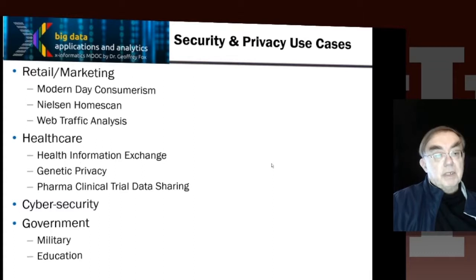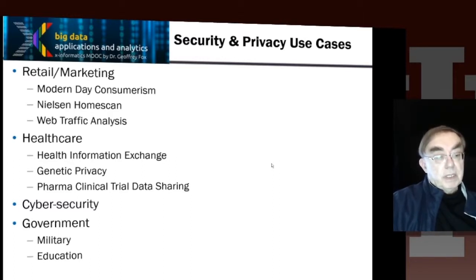How much of the data can be exposed, or how much should the analytics be prevented from looking at. Healthcare has a lot of important privacy issues, and also some issues about trial data, what can be shared and what can't be, and to what extent you can actually exchange data, or whether it needs to be kept proprietary to each healthcare provider.